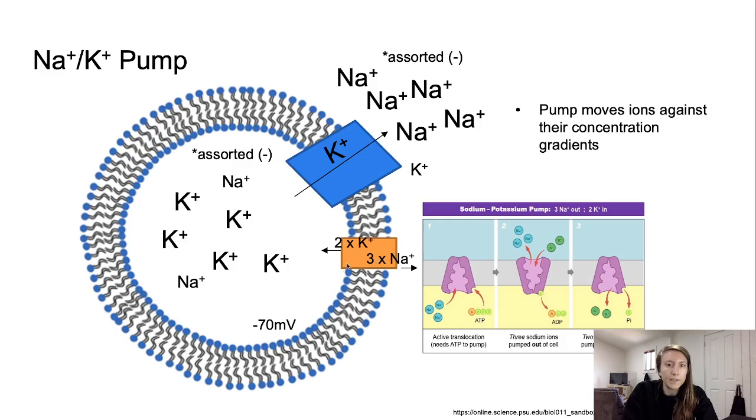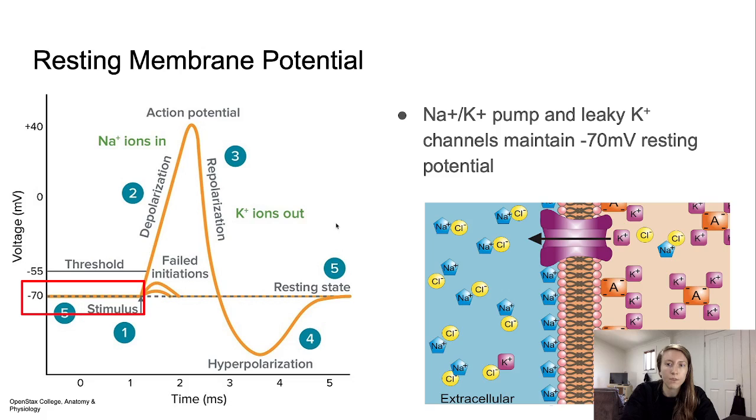And what this does is it brings sodium in here, and therefore, as the equilibrium potential of sodium is a lot more positive than it is for potassium, the membrane potential at rest will be at about negative 70. So we've got both the leaky potassium channels and this pump dictating that resting membrane potential. So again, before an action potential or before the neuron becomes stimulated, it's sitting at negative 70 millivolts because of the leaky potassium channels and the sodium-potassium ATPase pump.